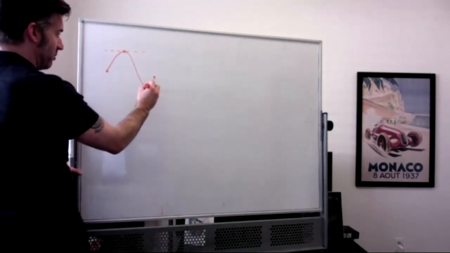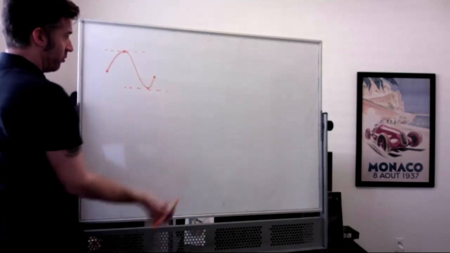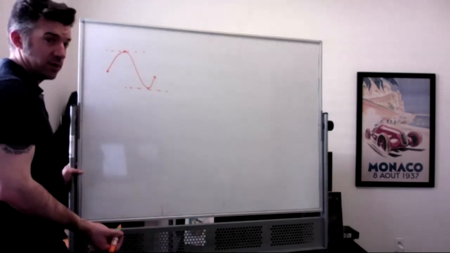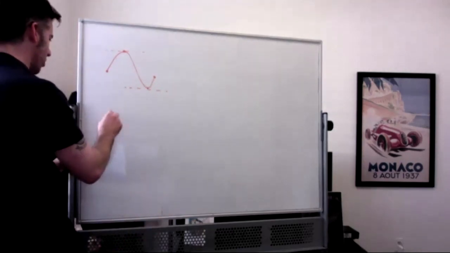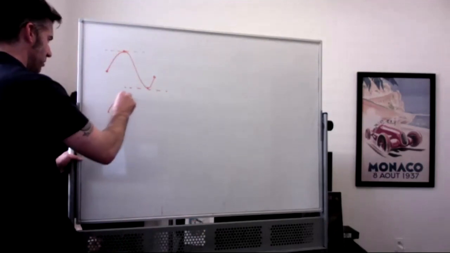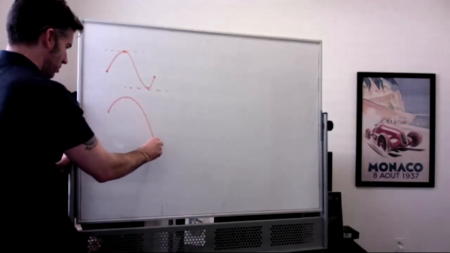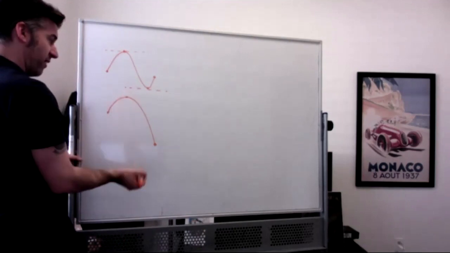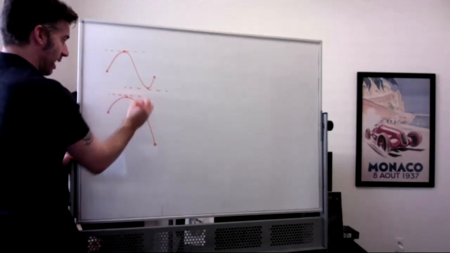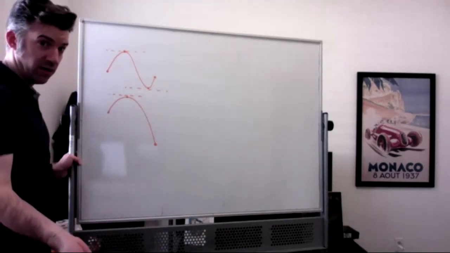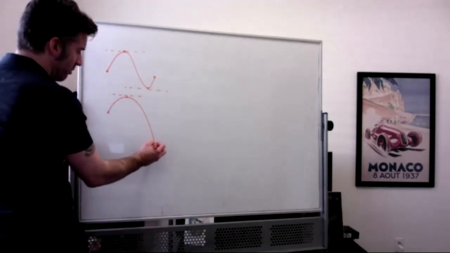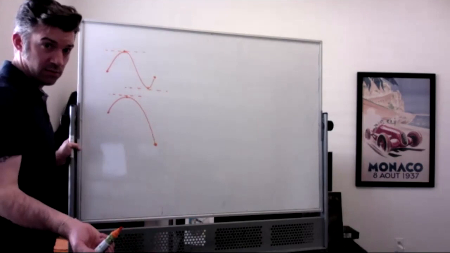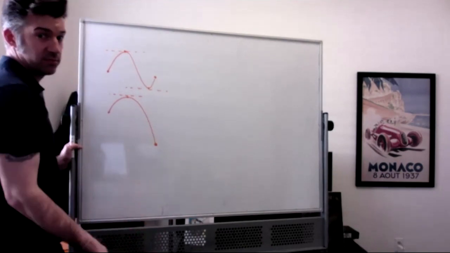We can have an absolute minimum here, critical point, slope of the tangent line is 0. But you could also have something more like this, where at this point here, you definitely have an absolute maximum at the critical point where the derivative is 0, but we have an absolute minimum not at the critical point, but at an endpoint.